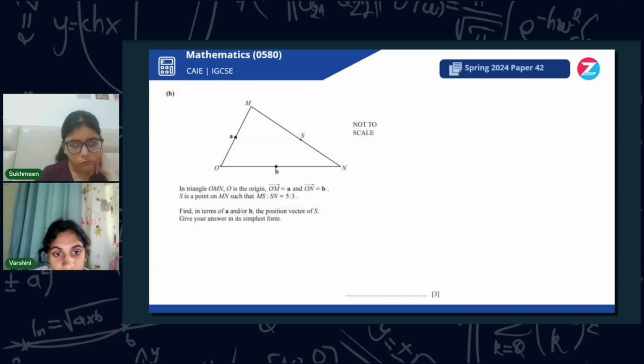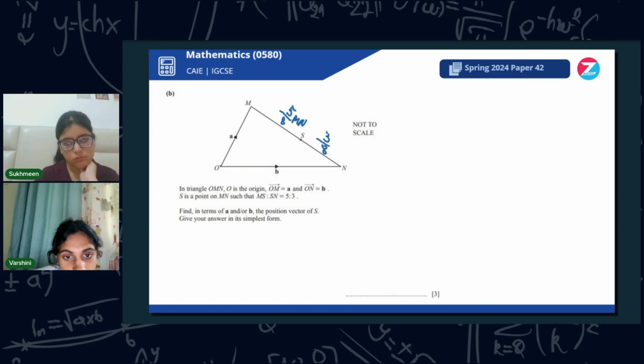So we know that MS is 5 parts and SN is 3 parts, and the total over here is 5 plus 3, which is 8. So we can also write this as 5/8 of MN, which is this entire thing. And this is going to be 3/8 of MN.